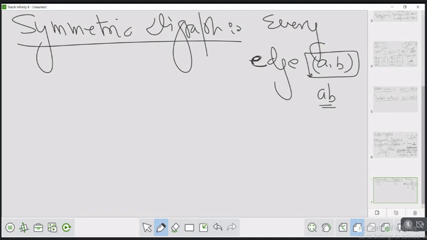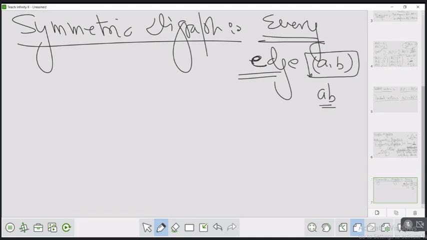Here A is the initial vertex and B is the terminal vertex. This is the edge, and this is the direction of the edge. Every edge has initial vertex A and final vertex B.